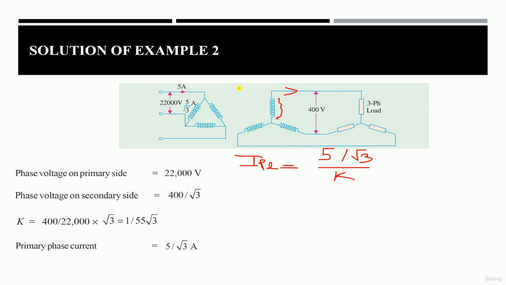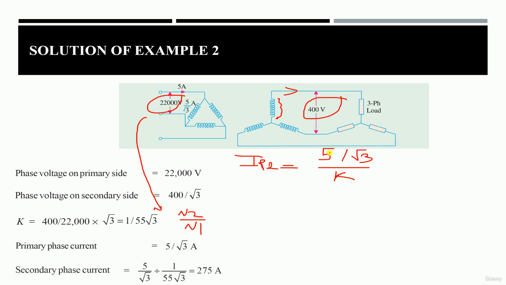Because, as you can see, this ratio is N2 over N1, right? So in order to get the secondary voltage, it will be primary multiplied by this ratio. However, for the current, it will be the primary phase current divided by the turns ratio K.